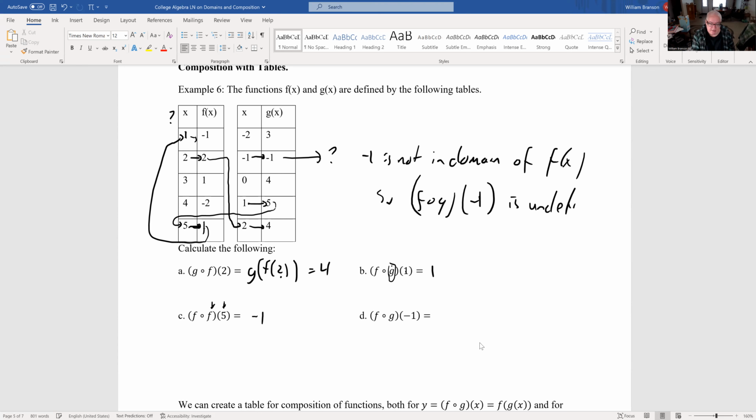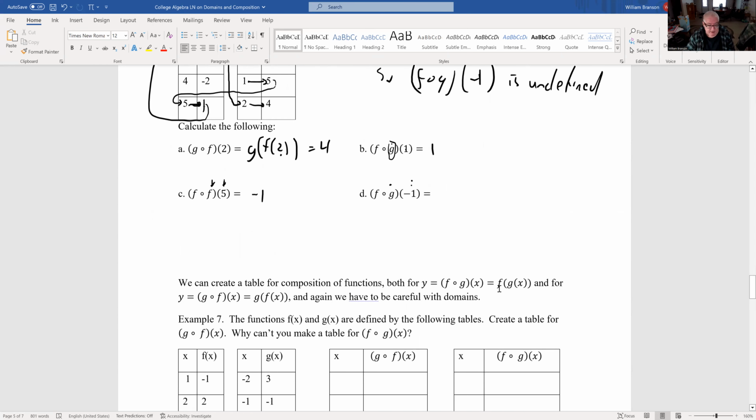So that's undefined, right? Because g takes minus 1 to minus 1, but then there's no place to put minus 1 into f of x. And so that happens.